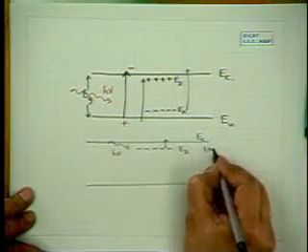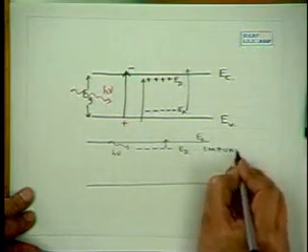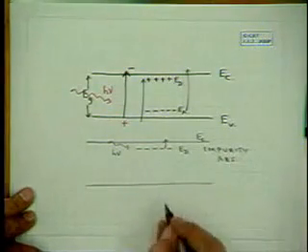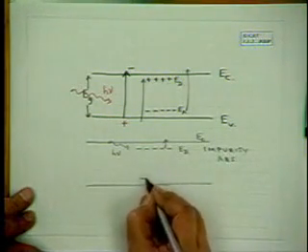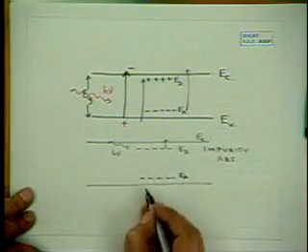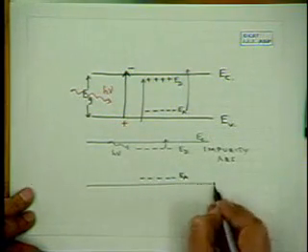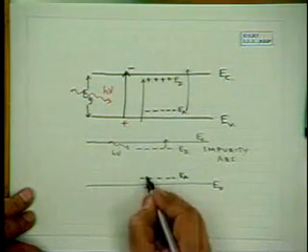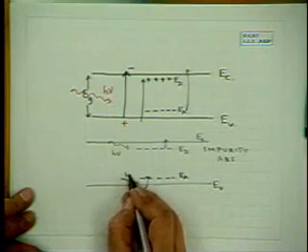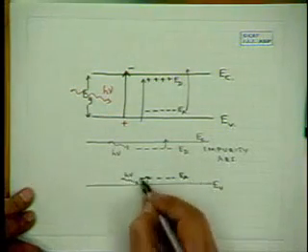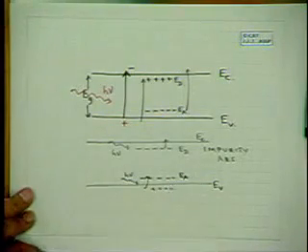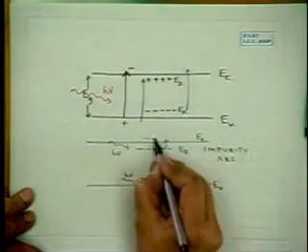This is also a type of impurity absorption. Similarly, you can get absorption by excitation of electrons from the valence band into the acceptor levels, giving rise to free holes in this case and free electrons in this case.